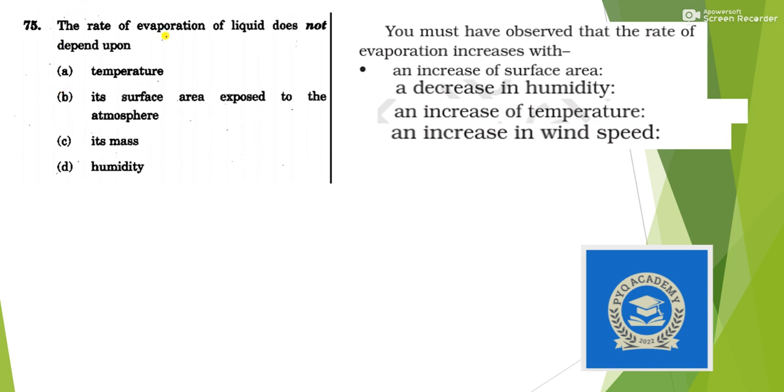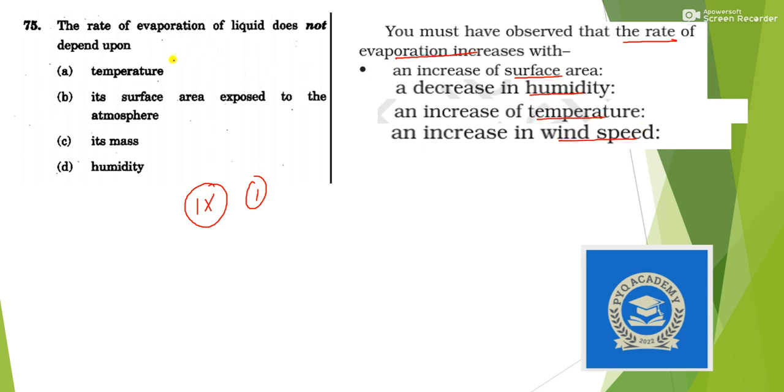The rate of evaporation of a liquid does not depend upon... This question is taken directly from NCERT of class 9, chapter 1, Matter Around Us, in which it is given that the rate of evaporation increases with surface area, humidity, temperature and wind speed.